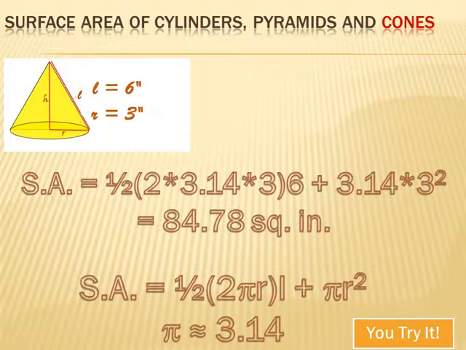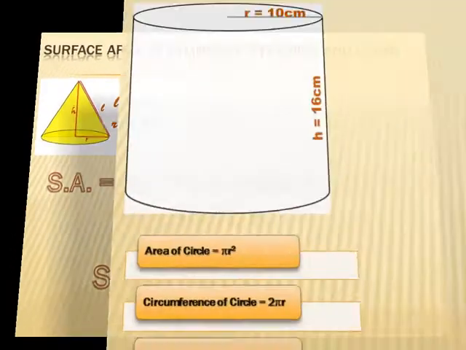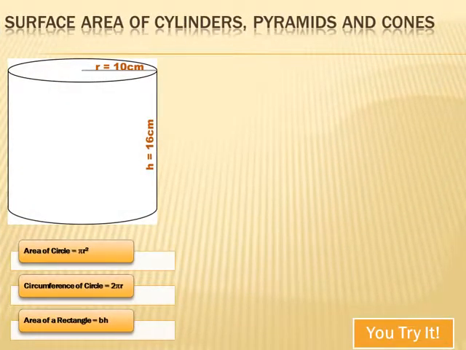And when we do that math, we come up with 84.78 square inches. Now you try this one. Hit your pause button, get a pencil, and try the problem on paper. And when you get done, hit your forward key to move on to my answer.